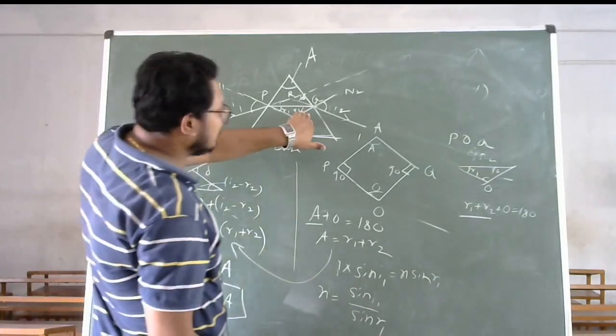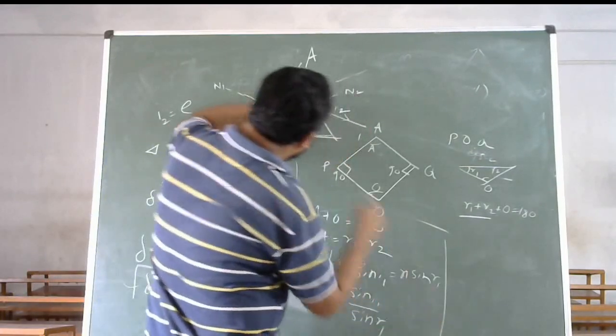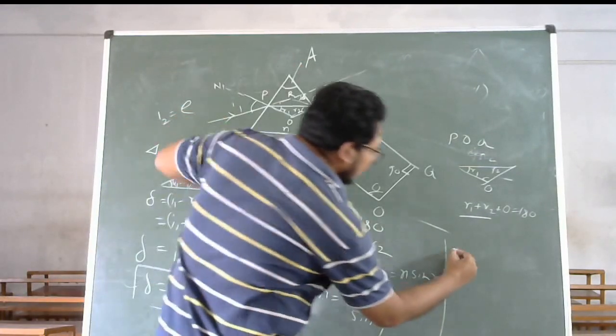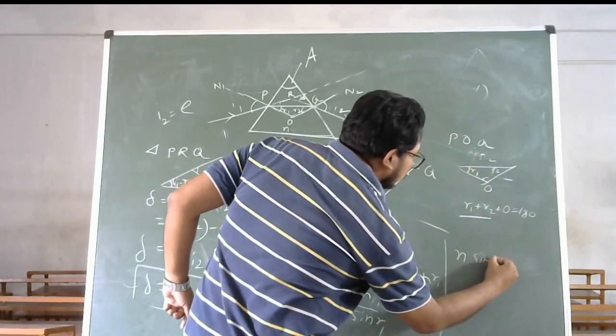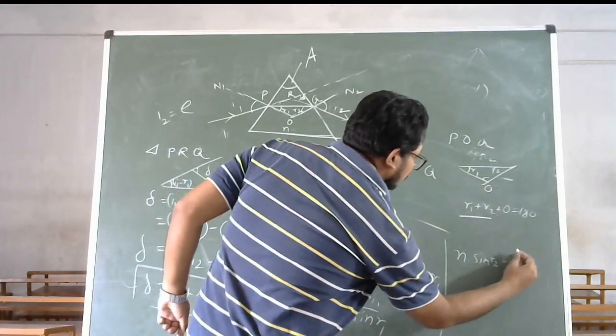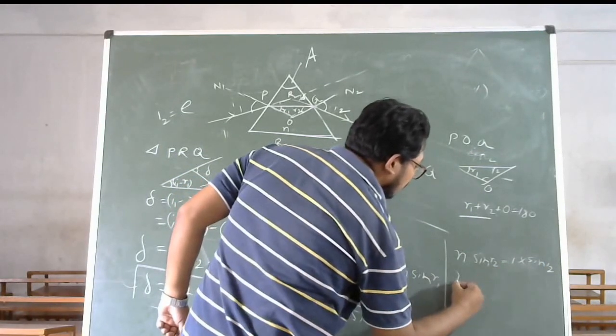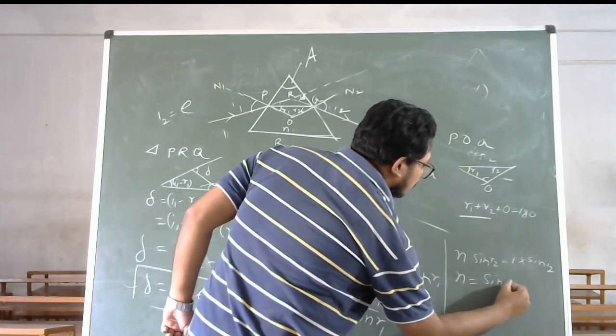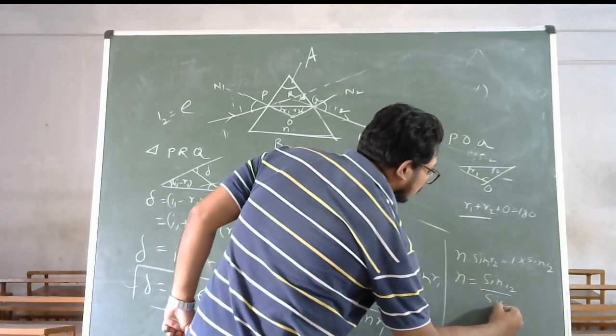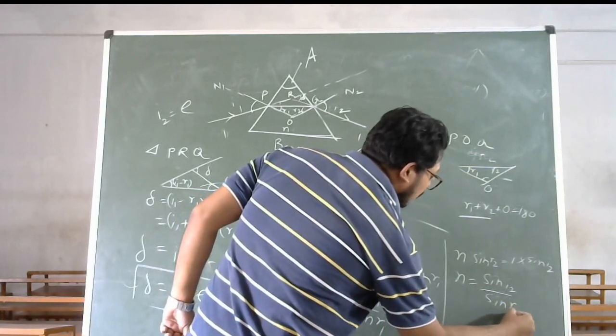Same way, for the second surface, you can write n into sin R2 equal to 1 into sin I2. From here, n equals sin I2 by sin R2.